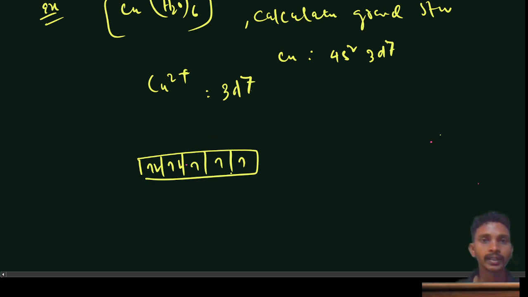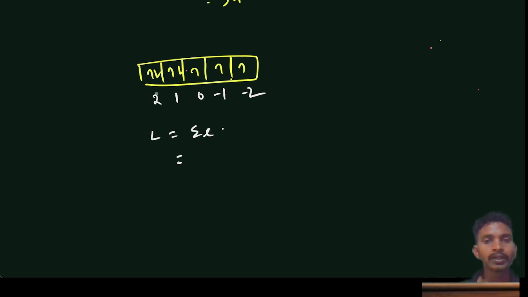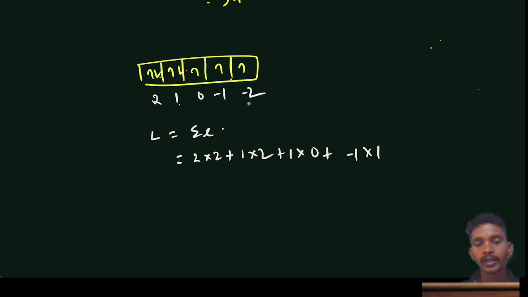So first we will calculate the L value. So this is 2, 1, 0, -1 and -2. Because this is one orbit, L will be the summation of l values times the number of electrons: 2 into 2, plus 1 into 2, plus 0, plus -1 into 1, and -2 into 1.